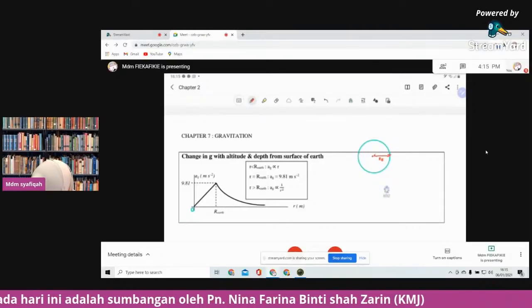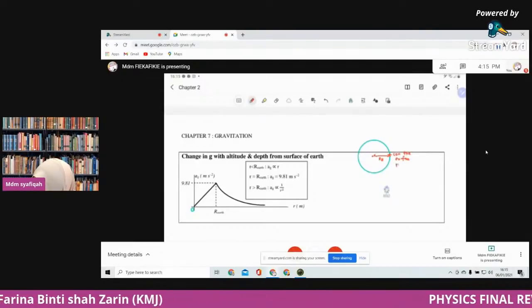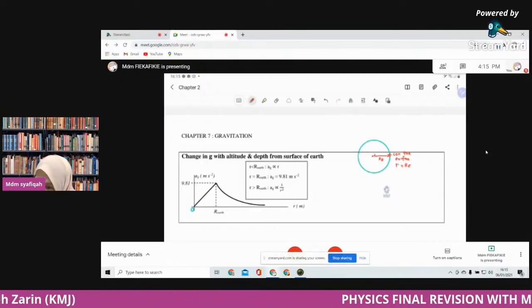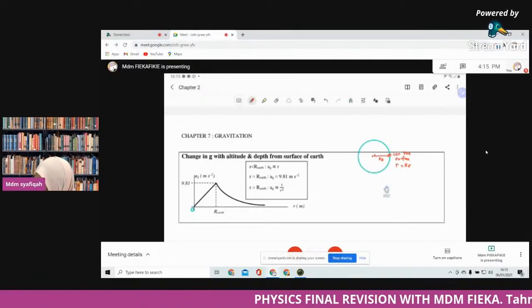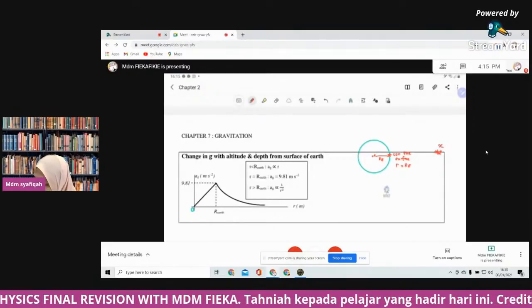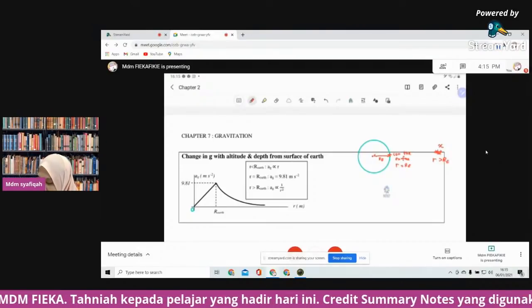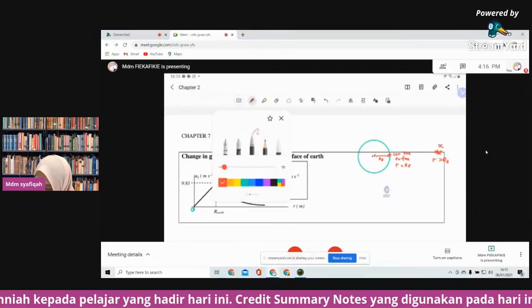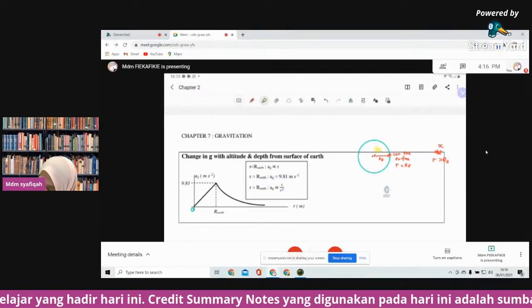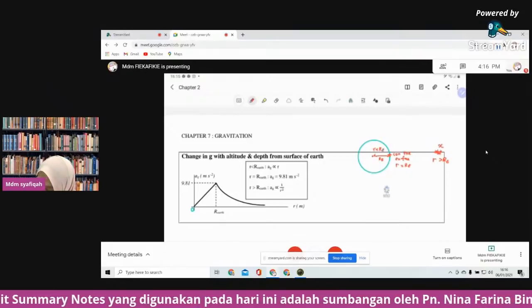So this is on the surface. R is equal to RE. Okay. And here, jauh sinilah. Dekat point X kita namakan. Here R is bigger than R of the earth. Okay. And here R is less than RE.